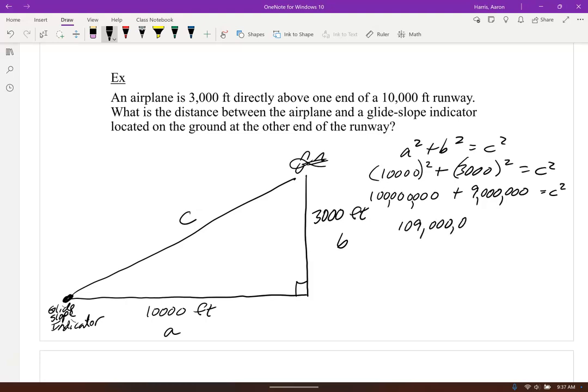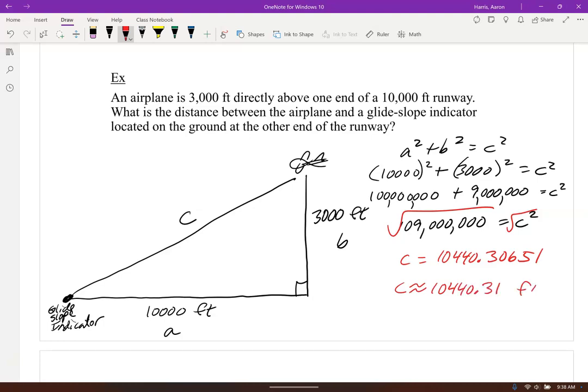Add them together, I get 109 million. And now we have to square root that. So the square root of that 109 million, c is 10,440.30651. Let's round that to the nearest hundredth, 10,440.31, and this is in feet. That's how far this length c is from the airplane to that glide slope indicator.